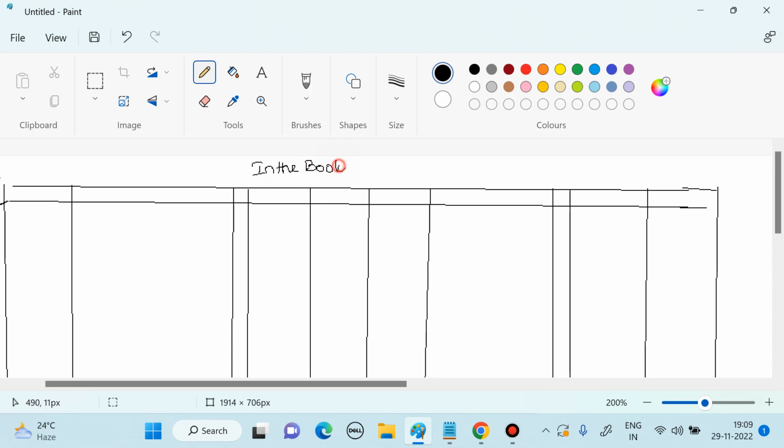In the books of Tarun of Kanpur, we are preparing the cash book. Dr., Cr., date, particulars, ledger folio, cash rupees, bank rupees.